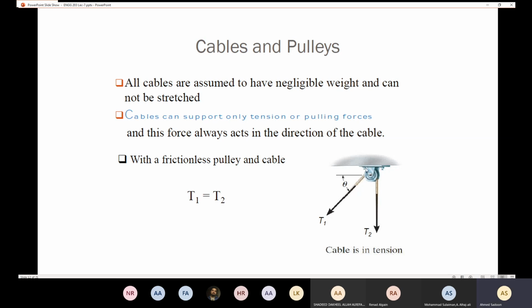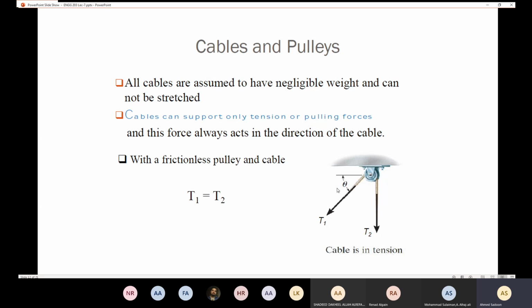So if you have pulleys, and let's say you have a weight here, and we need to lift a box. I'm going to use the pulleys here, and I pull this one from there, and the force here should be the same as the force there, regardless of the angle here.